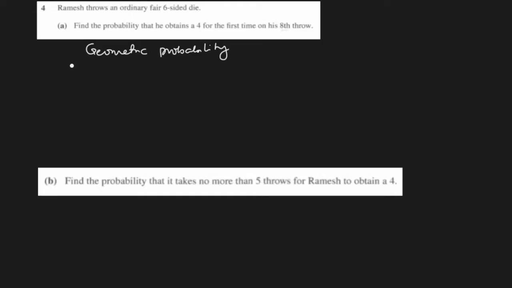So first of all, we should have the probability of success, which we just write as P. It will be getting a 4, and getting a 4 out of the 6 faces is 1 out of 6. That means the failure Q will be 1 minus 1 over 6, which is 5 over 6, and he's for sure failing for 7 times.